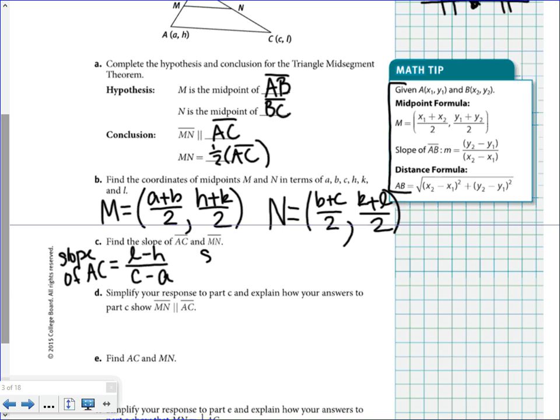The slope of MN is going to look a little funky. Our y2 is this K plus L over 2. Our y1 is H plus K over 2.